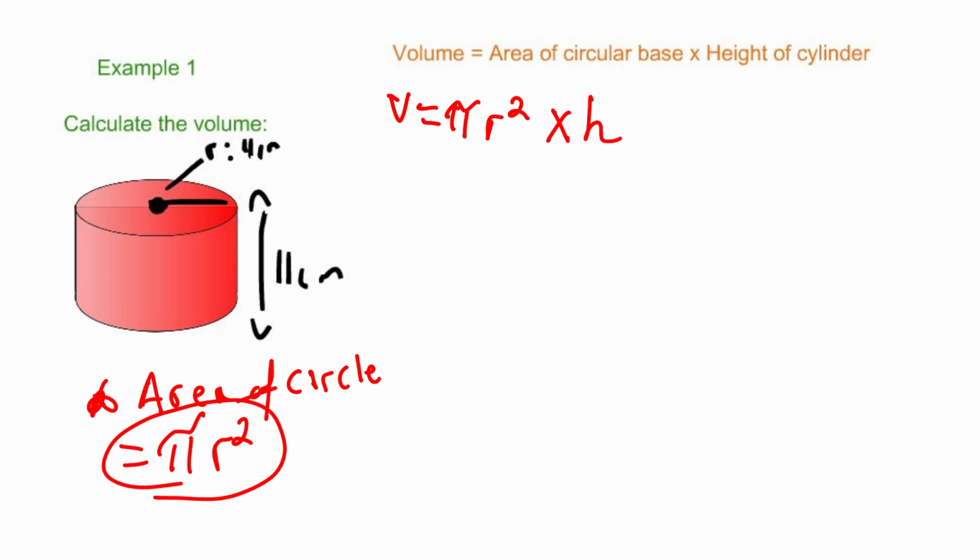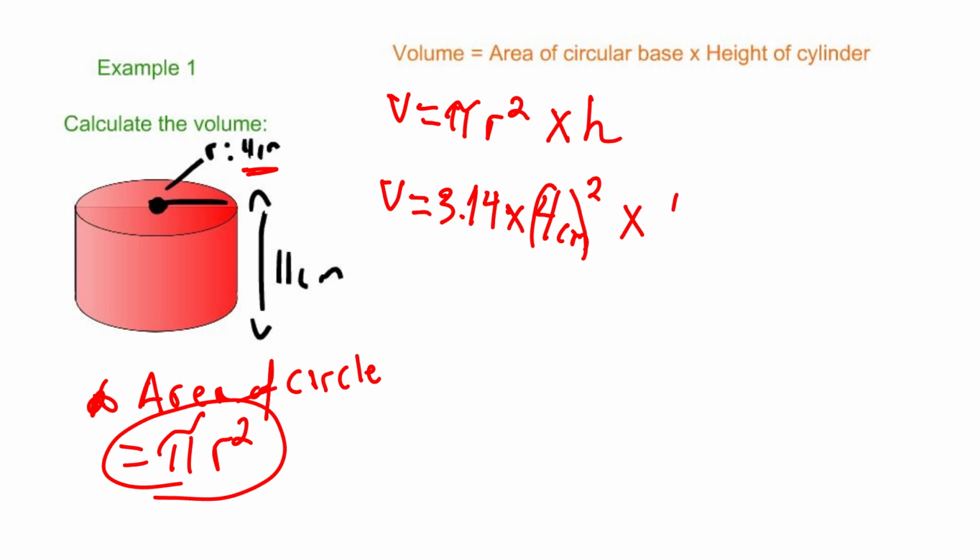Well, let's fill in what we know. So volume equals, well, pi we know is 3.14 multiplied by our radius squared. Well, as you can see, our radius is 4, so multiplied by 4 centimeters squared.